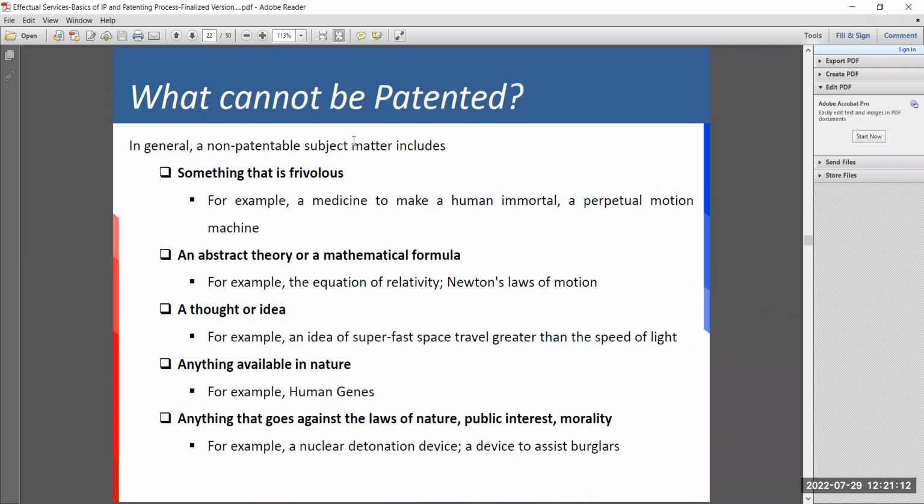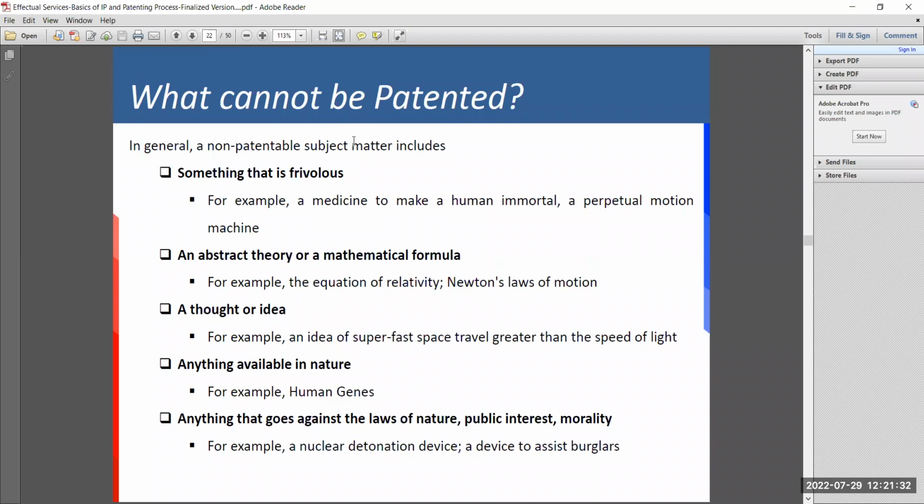So what cannot be patented? Anything related to playing with nature or laws cannot be protected. Newton's law of motion cannot be changed; it has been defined and you are not doing any improvement in that, so that cannot be protected.